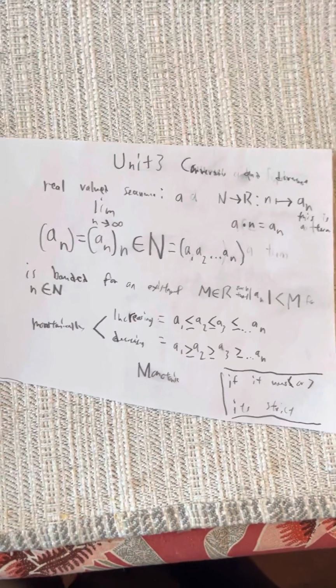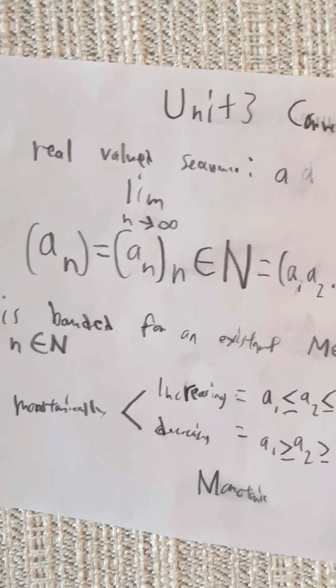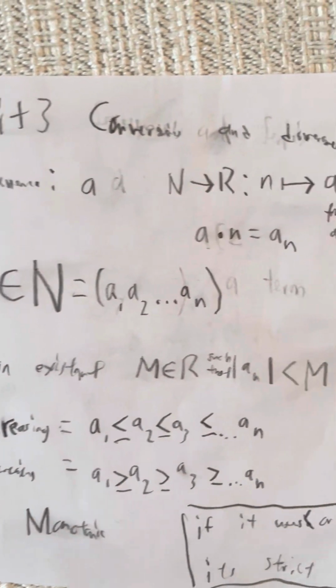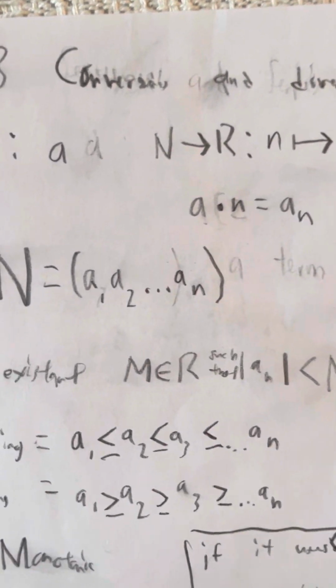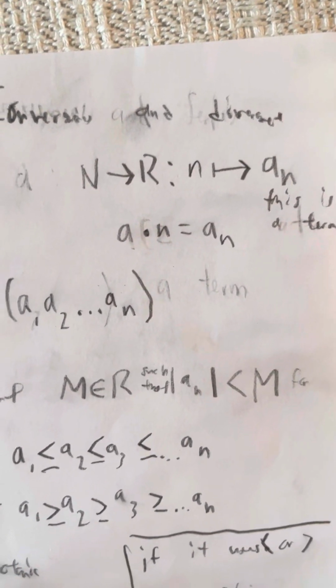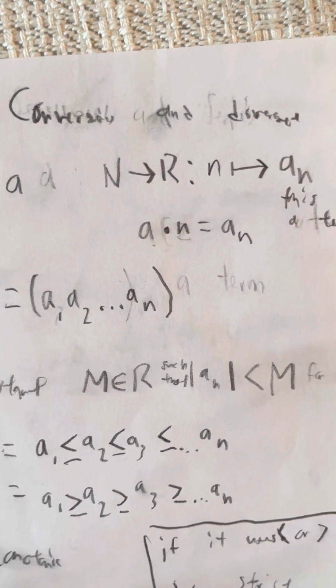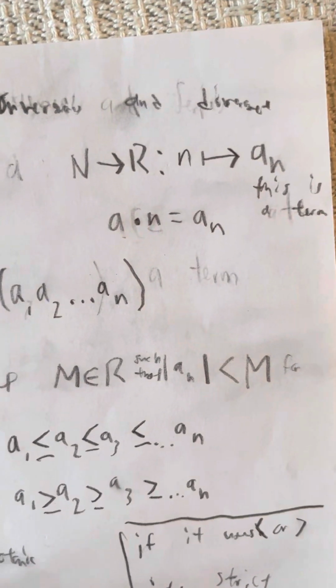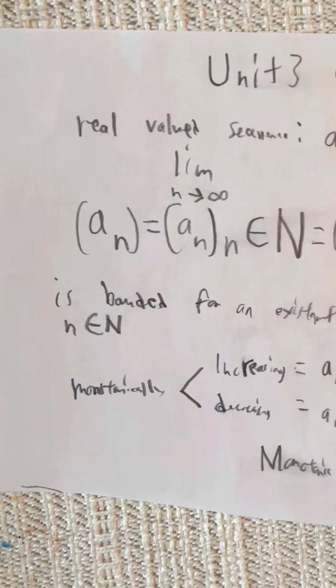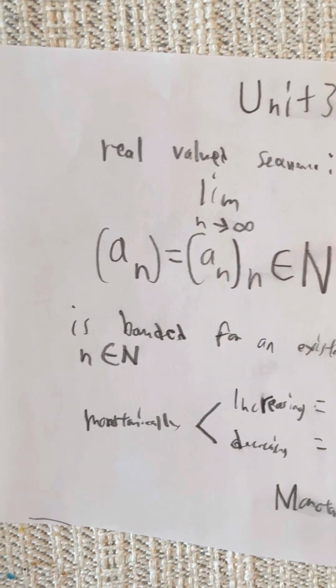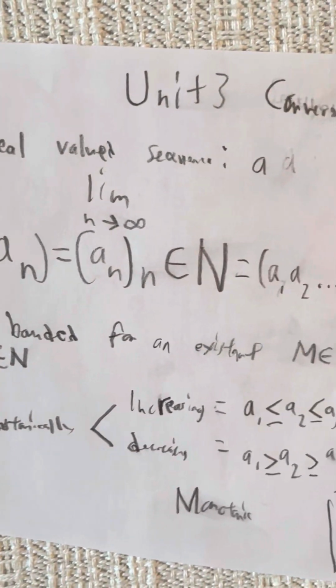Unit 3, convergence and divergence in sequences and series, via the sequence a sub n. The limit as n goes to infinity of a sub n equals a sub n.